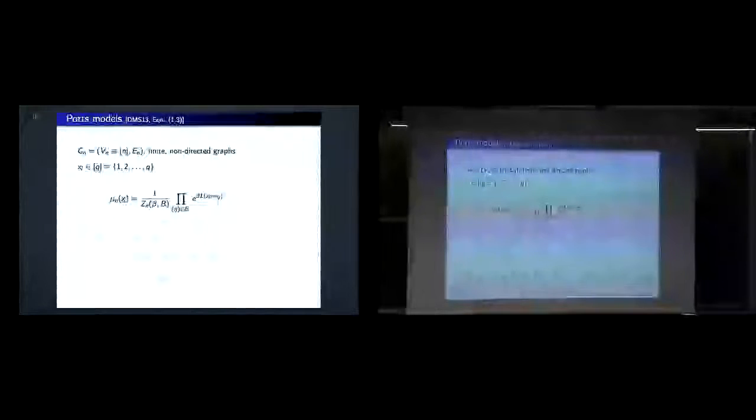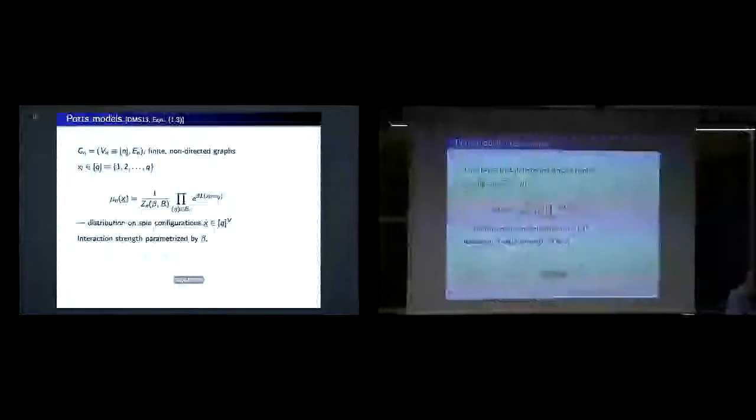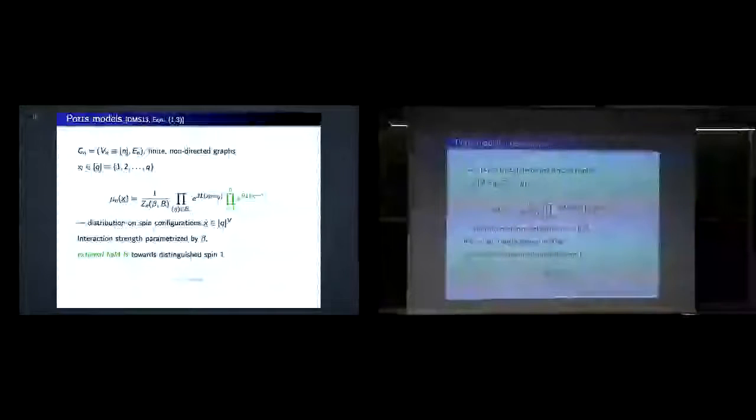What this indicator does is, if beta is positive, the ferromagnetic case, it tries to make the states all of the same color, the same type. If it is negative, it tries to make them opposite. And like in the case of Ising, you can add a magnetic field by giving a distinction to one particular number, say 1.